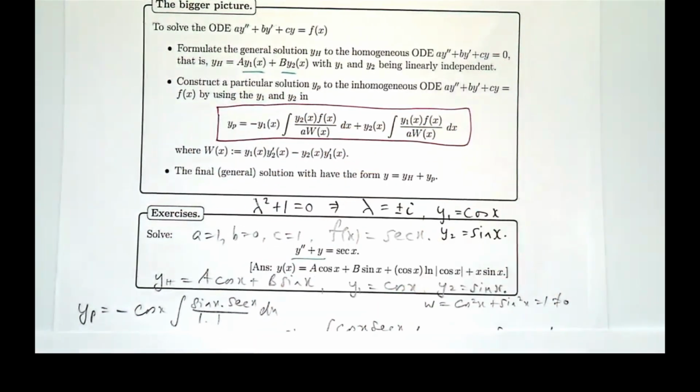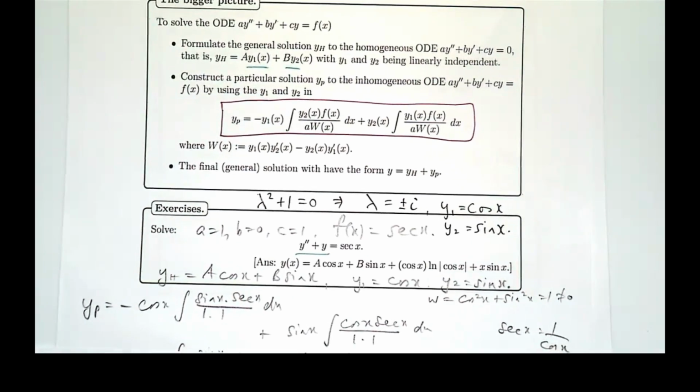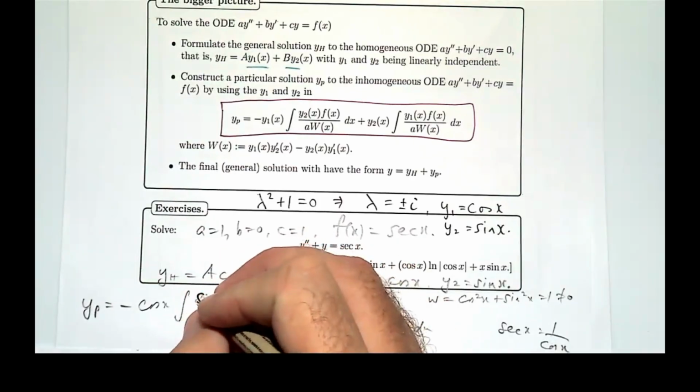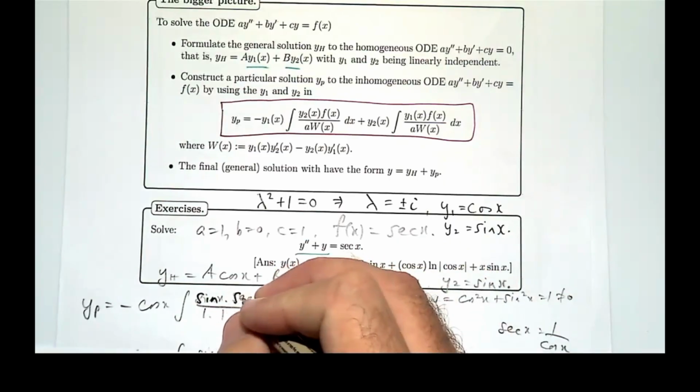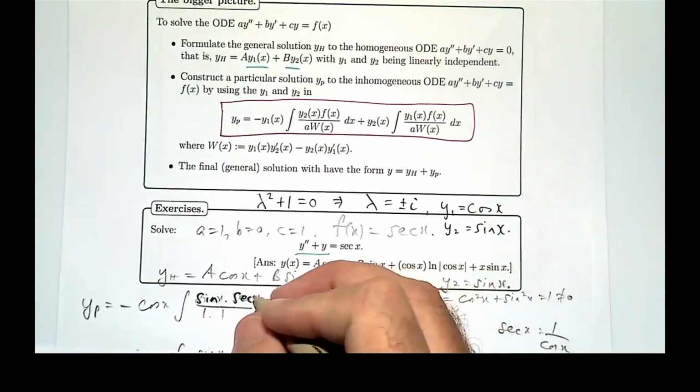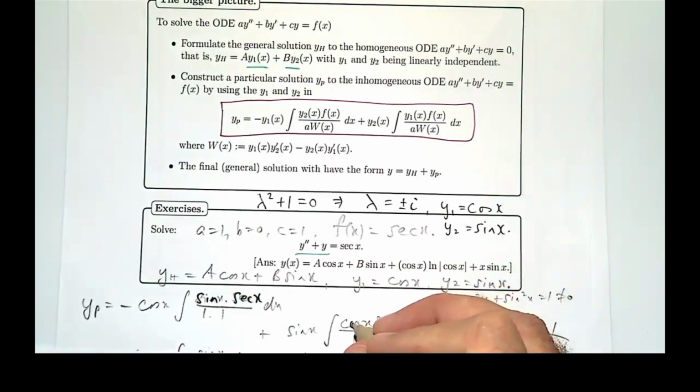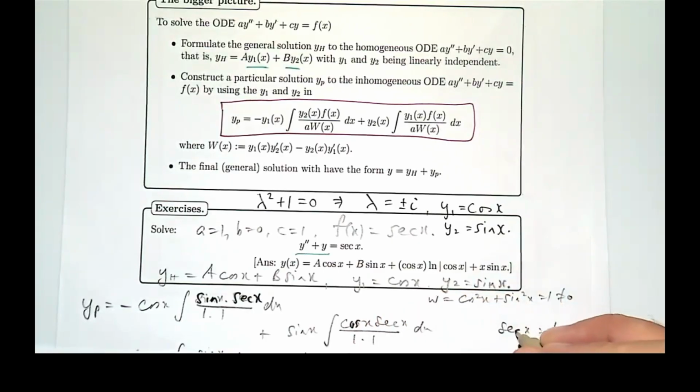Okay? All right, so let's do that. Now remember, sec x is just 1 on cos, right? Let me make this a little clearer. Okay?